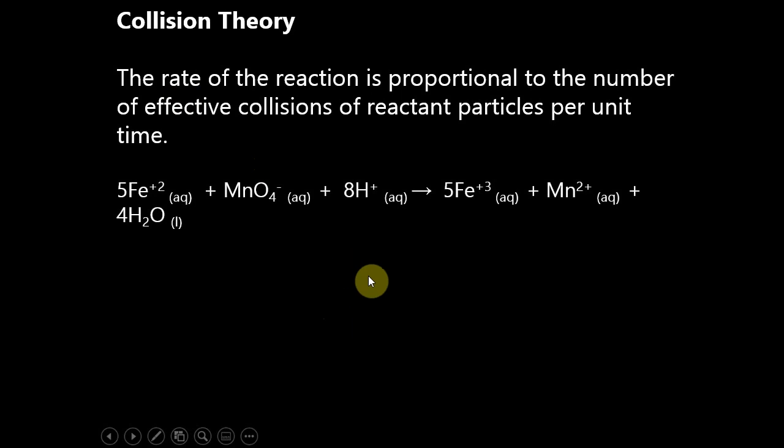So if I've got a mixture of these ions, so I've got some iron, I've got some manganate, I've got some hydrogen ions, I can figure out how effective the collisions between these things are, so that electrons can be transferred and the manganate ion can be broken up into the Mn2+ and water molecules, and add hydroxide to the H+, then we can end up with the water molecules being formed as well.